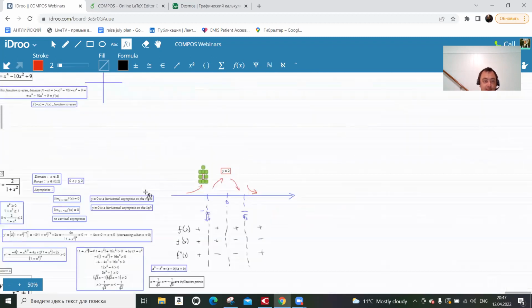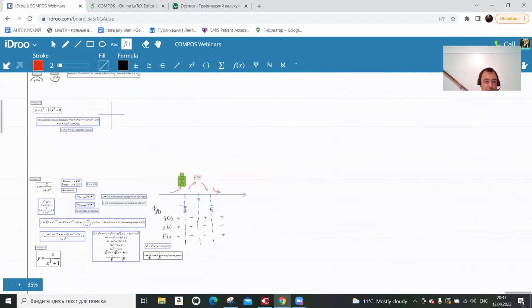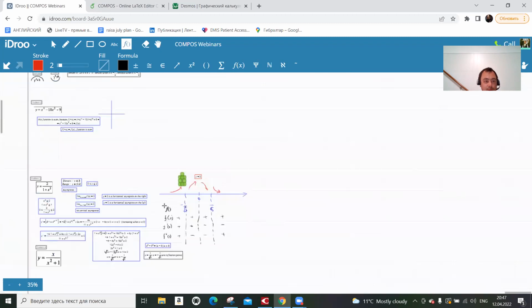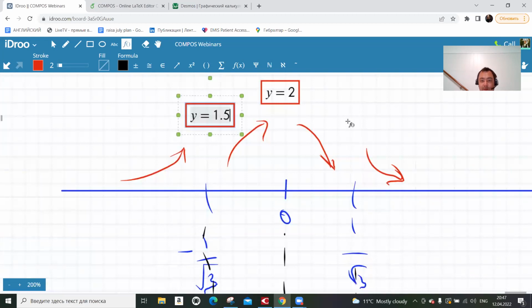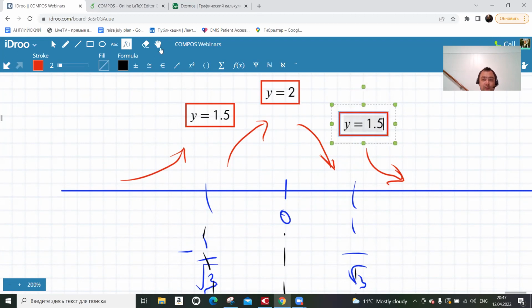When x is minus 1 over square root of 3, so it's 1 plus a third, that's 4 thirds. 2 divided by 4 thirds, that is going to be 6 divided by 4, is 1.5. So y equals 1.5. All I'm doing is substituting these values. So these are the points of inflection.